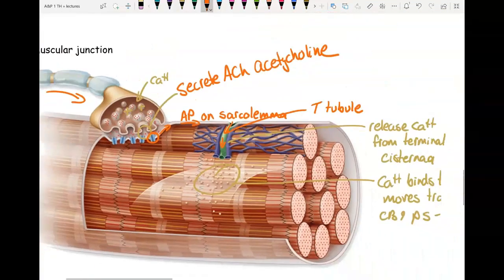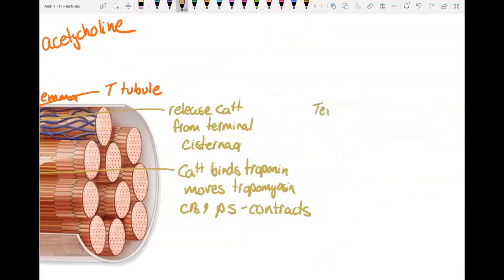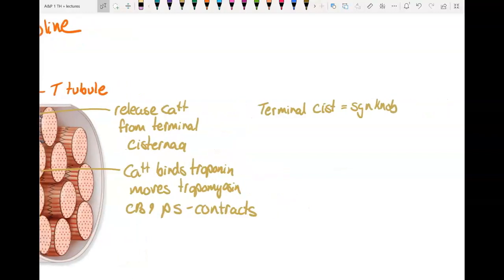The terminal cisternae has voltage-regulated calcium gates. The terminal cisternae is just like the synaptic knob. The terminal cisternae has voltage calcium gates that open when there is an action potential in the T-tubule.